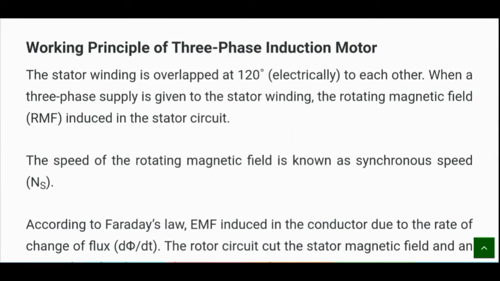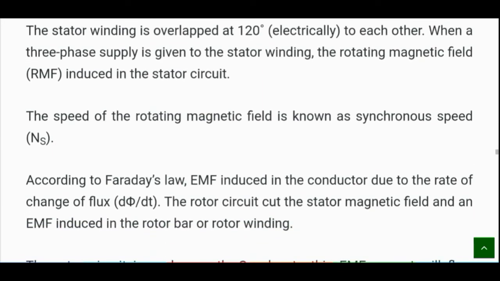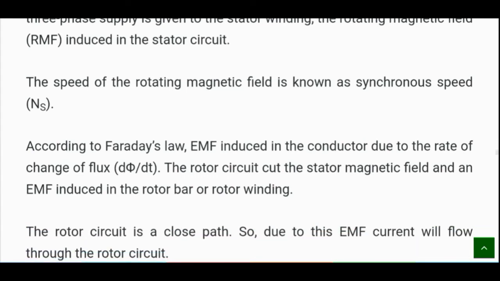Now the working principle of three-phase induction motor. The stator winding is placed at 120 degrees electrically to each other. When a three-phase supply is given to the stator winding, the rotating magnetic field (RMF) is induced in the stator circuit. The speed of the rotating magnetic field is known as synchronous speed Ns.